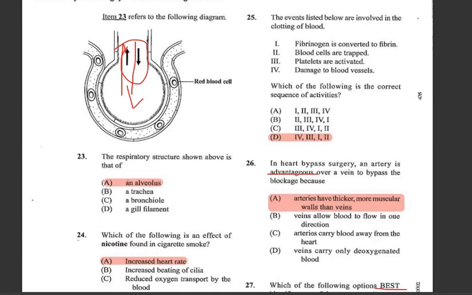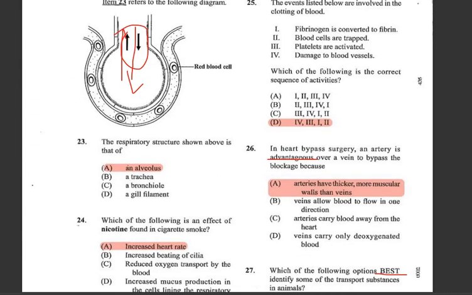Moving along, number 23 refers to the following diagram. So here we can see we had a red blood cell here. This is a respiratory structure shown above, and shown above that are the alveoli. The alveoli would be the exchange of gases, so the exchange of gases we are seeing would be the lungs exchanging gases.